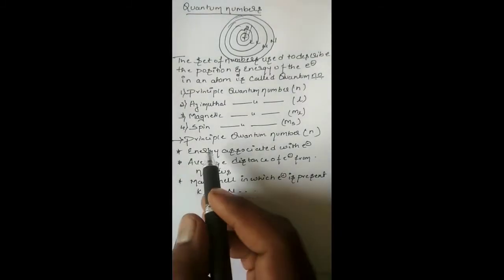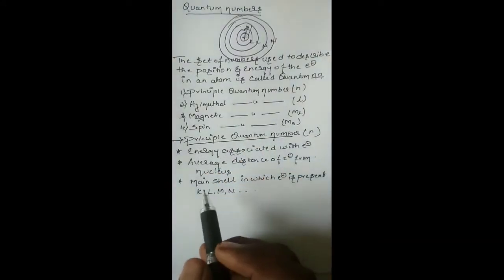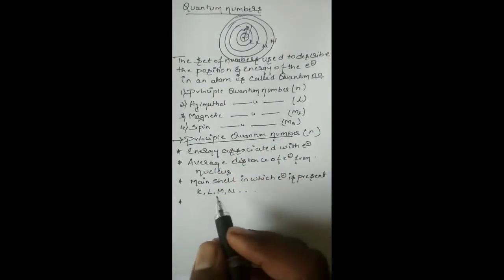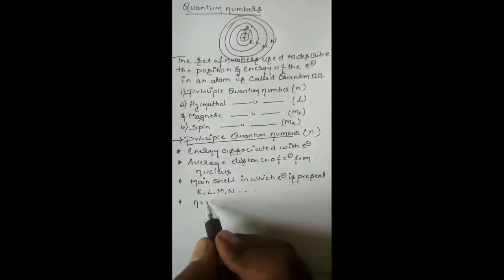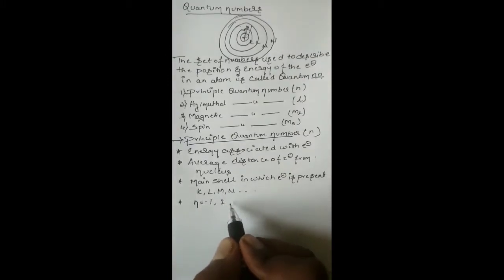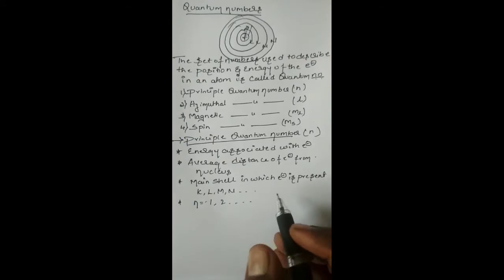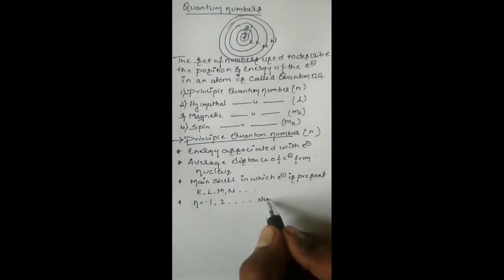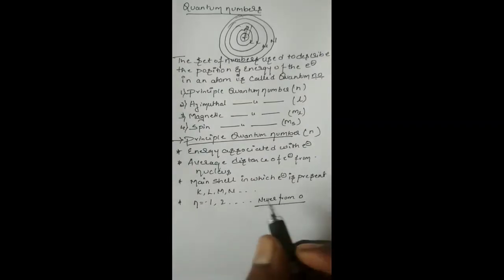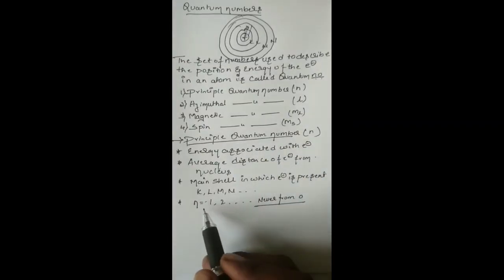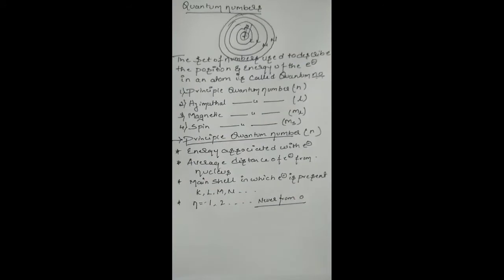Very important: in the principal quantum number, small n starts from 1 and so on, but never from 0. Please remember, n starts from 1, never from 0.